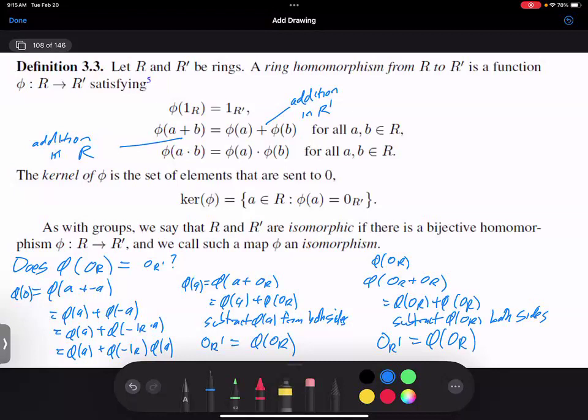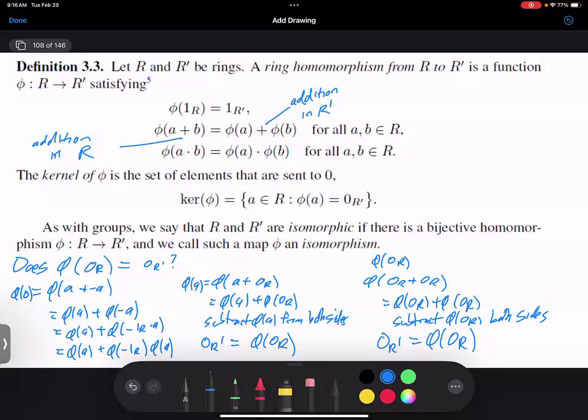So both the second and the third choices work. Subtract phi of A from phi of A, then you get, why do you get prime there? Well, because phi of A lives in R prime. So A lives in R, but phi of A lives in R prime. So when I add the additive inverse of phi of A, I have to get the 0 element in R prime.